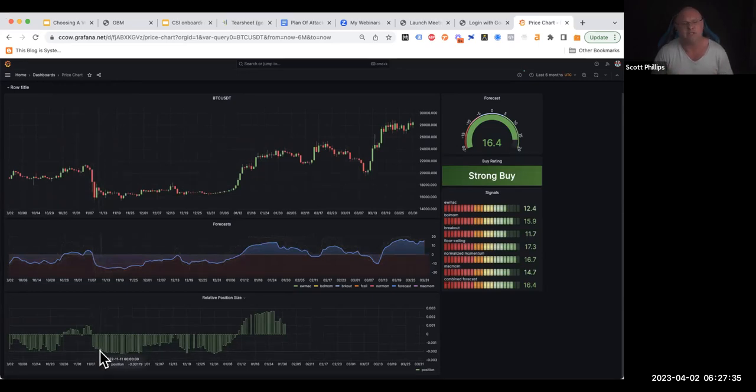So if you had $100,000 in the system, the average use of your capital would not use all of that $100,000 because the volatility is so high in crypto. You're probably using about $20,000 of capital at a normal volatility target.